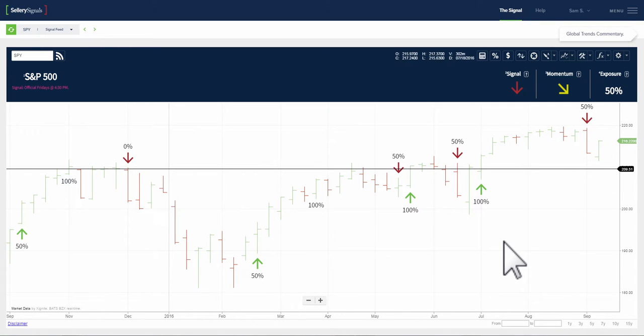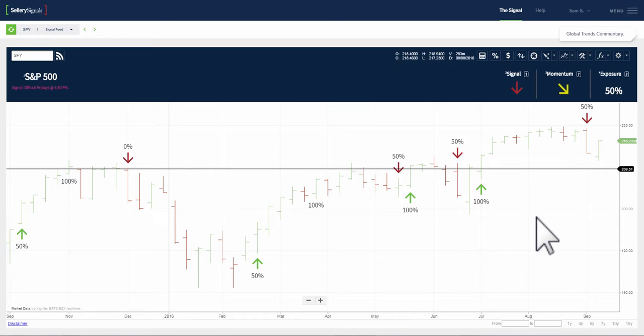Celery Signals, as a part of our proprietary set of icons, signal, momentum, and exposure, has one set of our internal algorithms specifically designed to produce the exposure recommendation of Celery Signals.